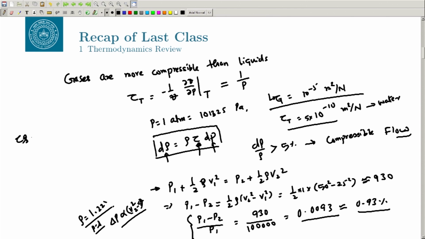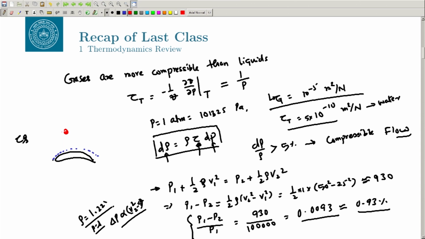Take the same example that we had: an aerofoil, and this is your boundary layer. If you go away from the boundary layer, in this region, the flow is more likely to be isentropic.